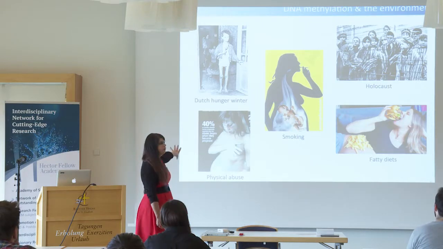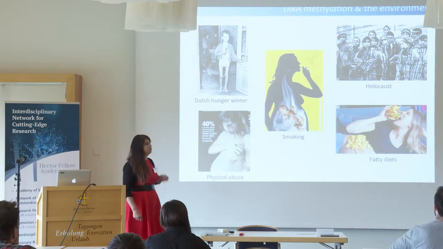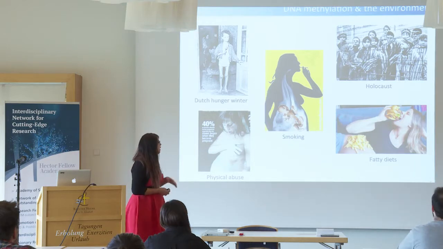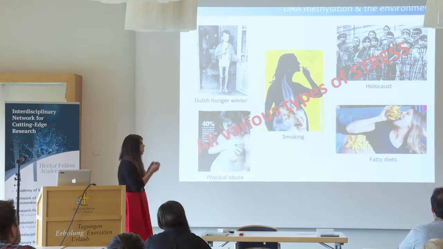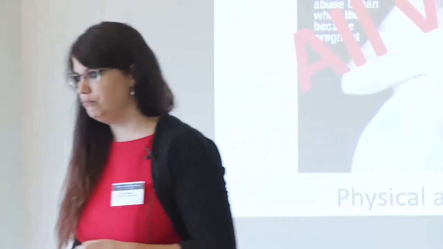But also things like physical abuse, like what we heard from Thomas Elbert, and smoking, from what we might hear from Rob. All of these are some sort of stress on the body. It's reacting, and it's going to influence the types of methylation patterns we see.